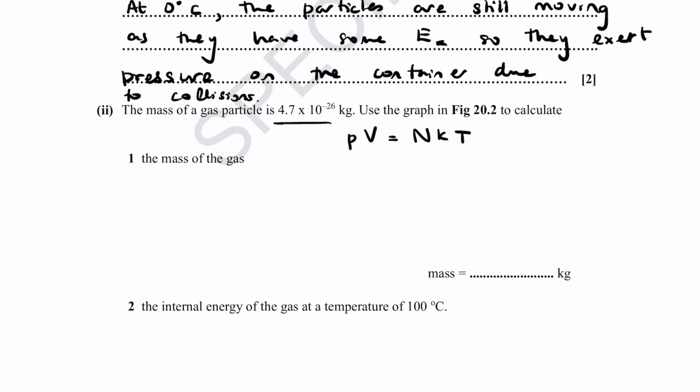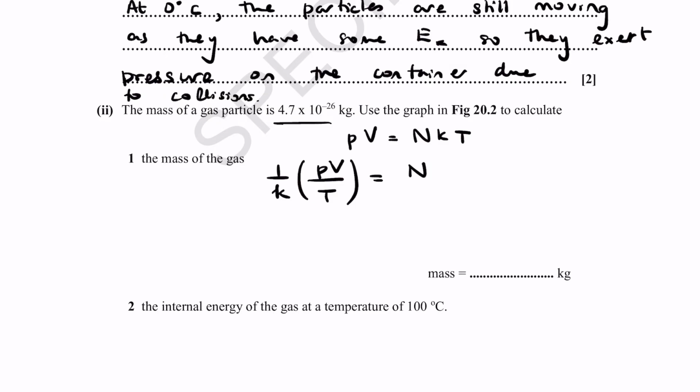So if I just do PV over T, or theta in this case, and also divide by k, I would end up getting the value of n, and then I would multiply this with the mass of each gas particle to get the overall mass of the gas.